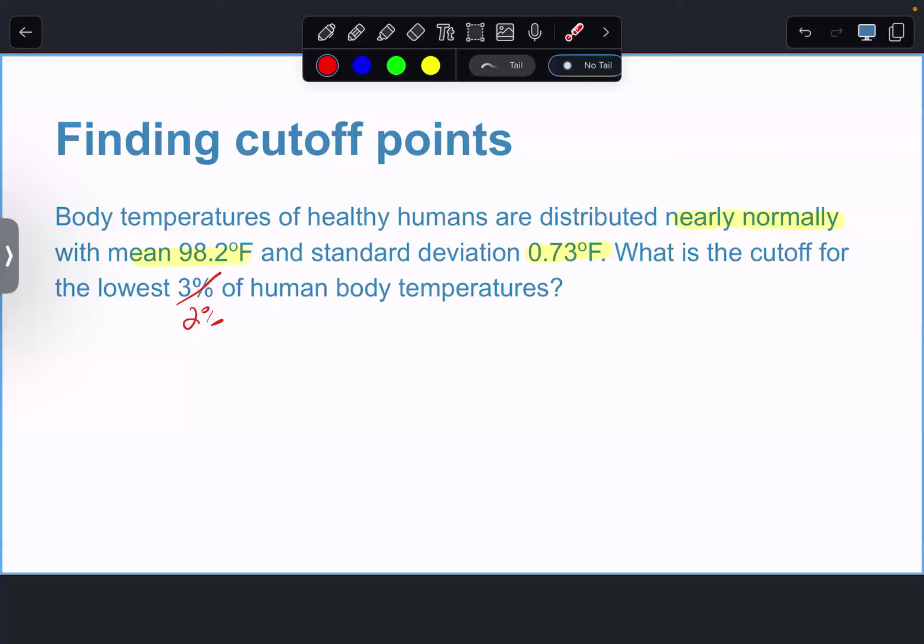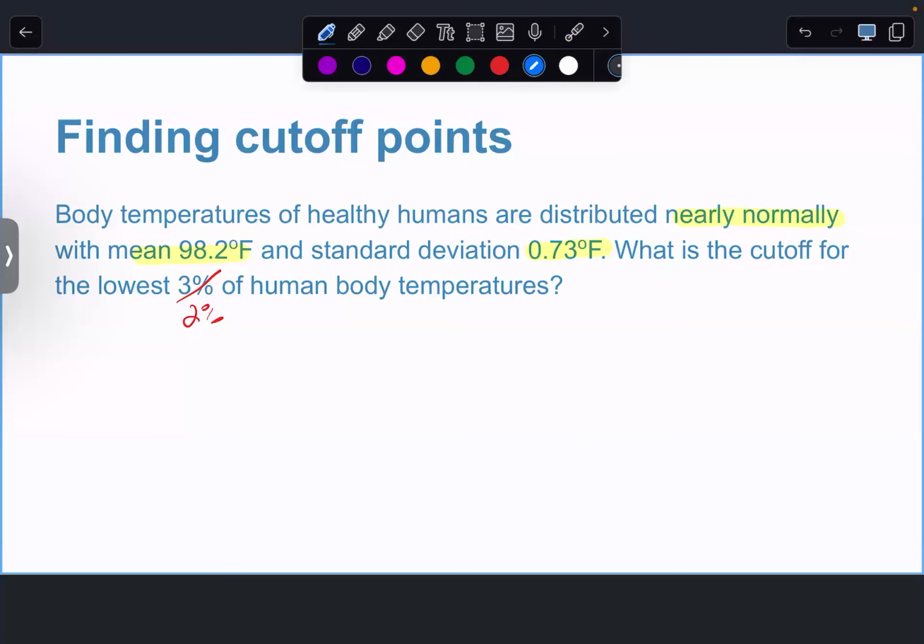So finding cutoff points is going to be the backwards. I said it would happen, just didn't think it would happen so soon. Right? So we've been working from a cutoff point, going through a Z to find the probability. But now I have a probability and I want to convert it to a Z and then find X, which is the cutoff. So here, now I'm moving in this direction.